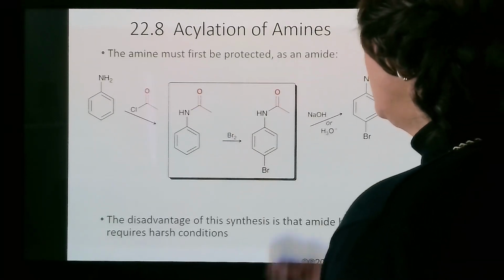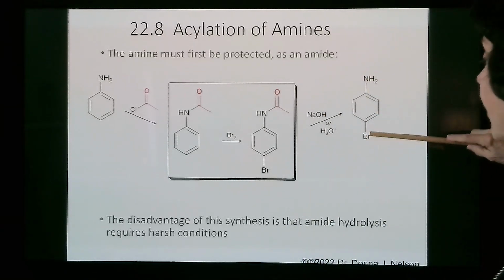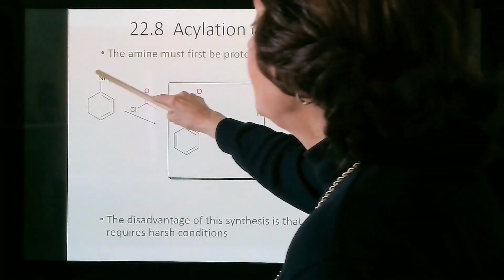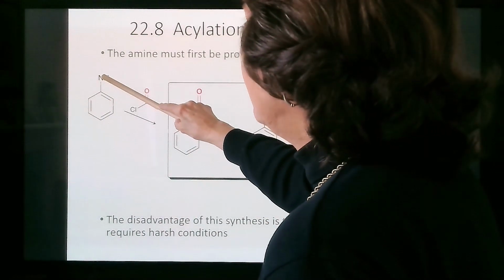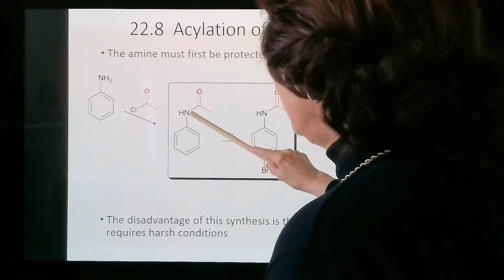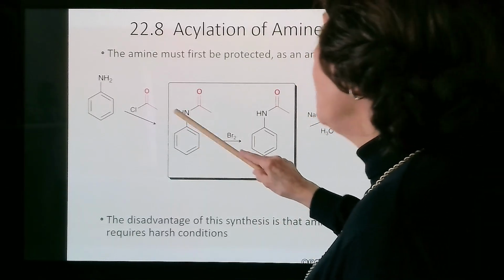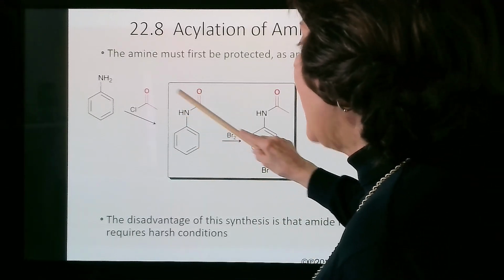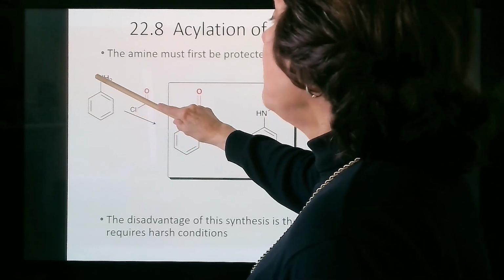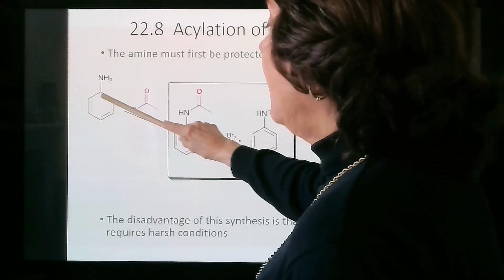And so, if one wants to just get monobromination, what happens is this group needs to be converted first to a less activating group. So this group is less activating than this. Here, the problem is the pair of electrons is donated into the ring.